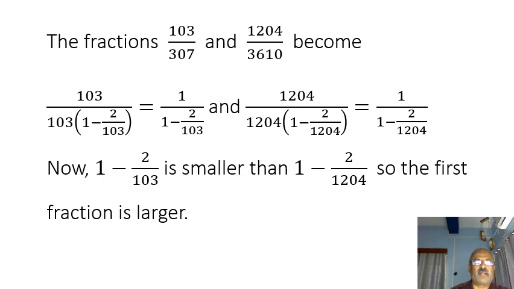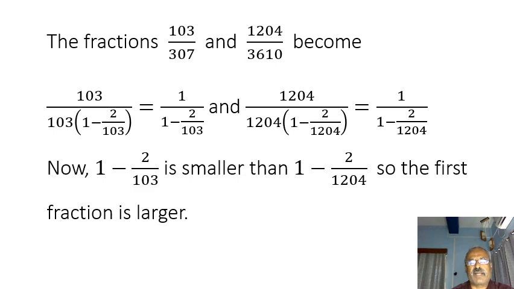Now note that 1 minus 2 over 103 is smaller than 1 minus 2 over 1204, because now the numerator for 2 upon 103 and 2 upon 1204 is the same, 2.